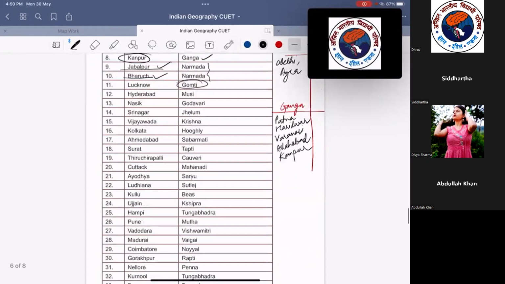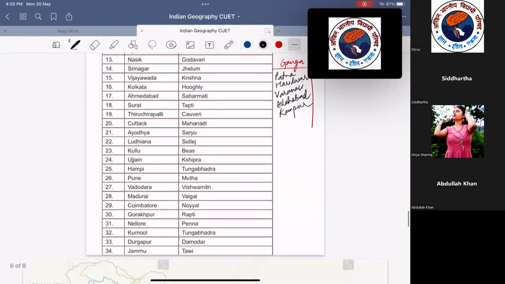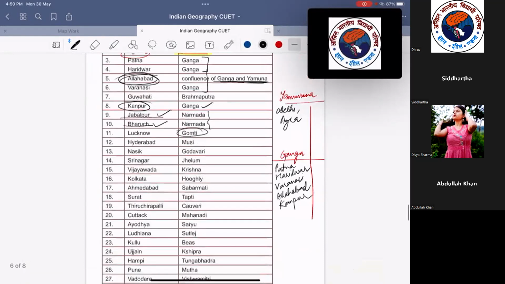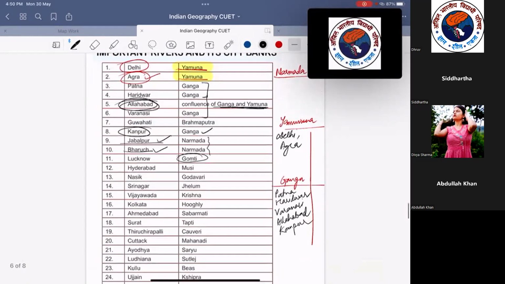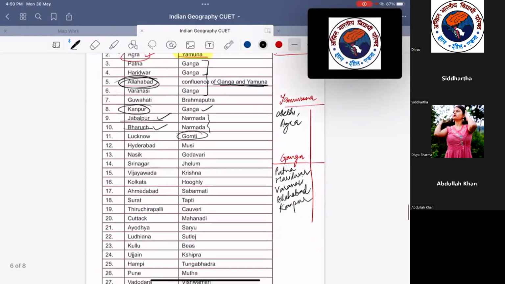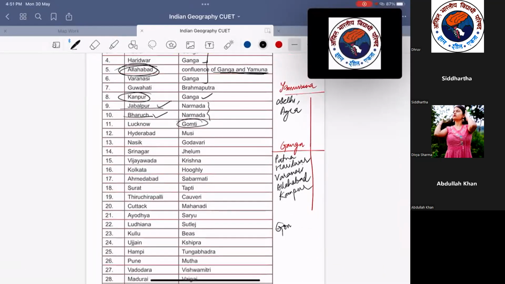If asked about the Gomti river, only one name comes, the important city Lucknow. If asked about Hyderabad, it is Musi. This is not that important. Srinagar on the bank of Jhelum is very important.